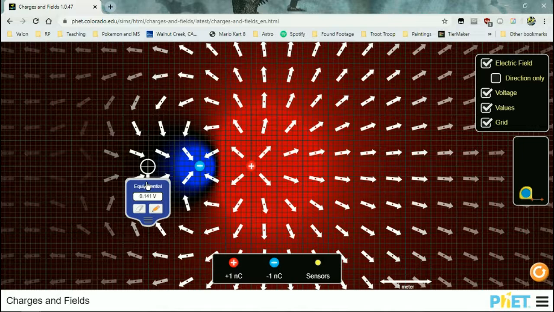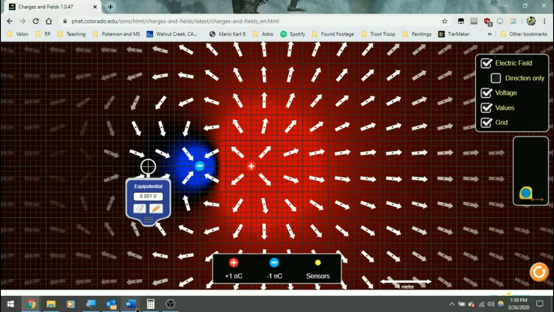Keep skipping over it because my mouse is too fat. Anyway, you can see it's a 0 position right there because it goes from 0.141 to, oh, come on. It's like trying to move something that's 1 pixel in Photoshop. Okay, there. See, it's very close to a 0 position. So you can see how that works there. So that is a 0 voltage position.